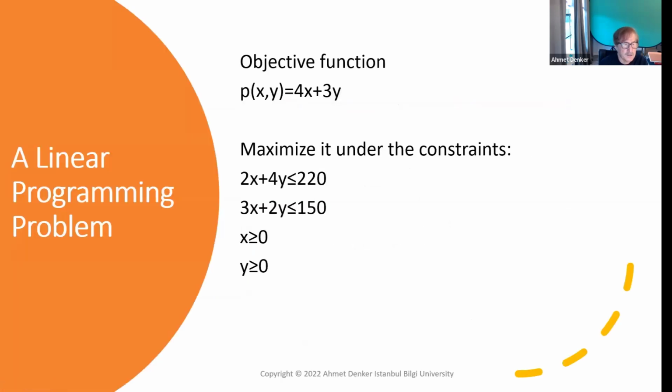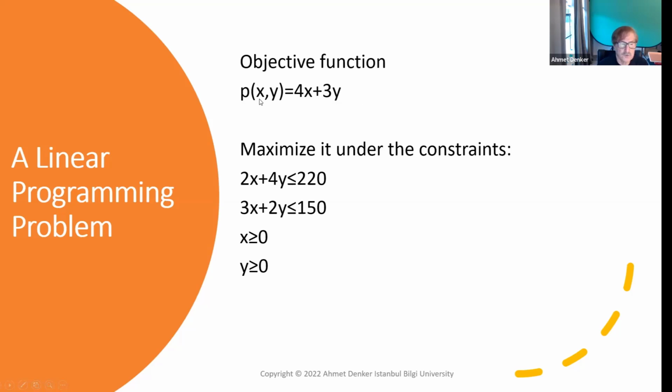Now, we had mentioned that a linear programming problem is the type of problem where there is an objective function which can be shown in linear form. So that's where its name is coming from.